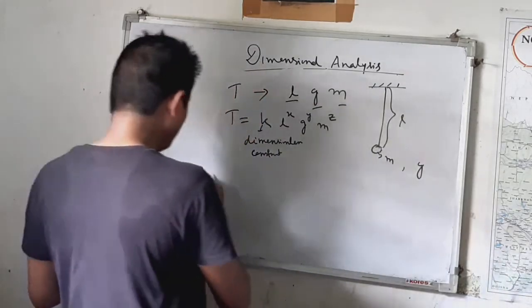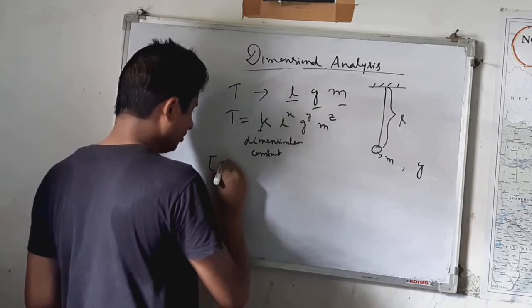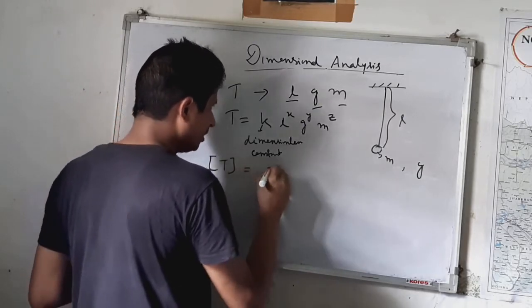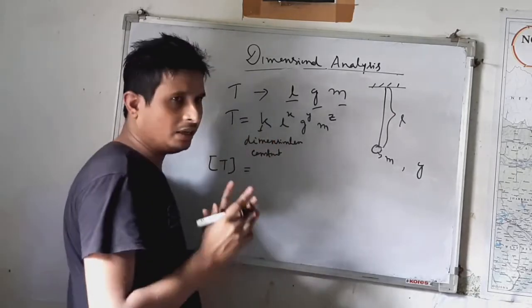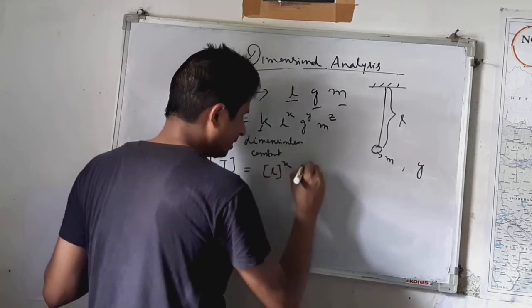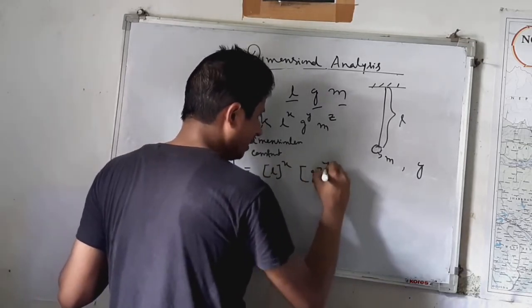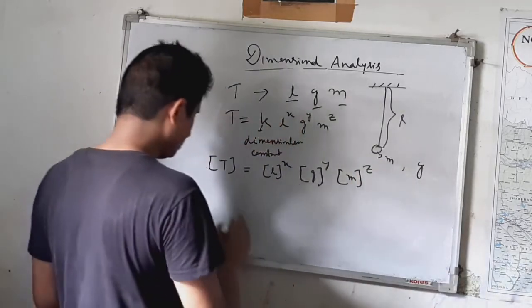Now in the right hand side we express them in terms of dimensional formula. So T equal to, here K is a dimensionless quantity, so it will not appear in the dimensional formula. So now L to the power x, g to the power y, m to the power z.